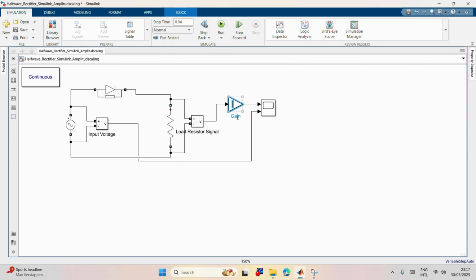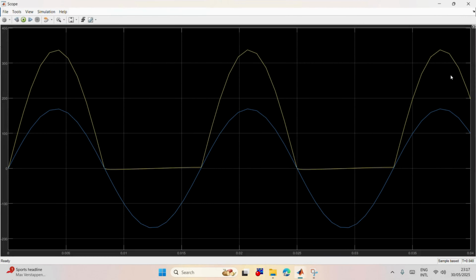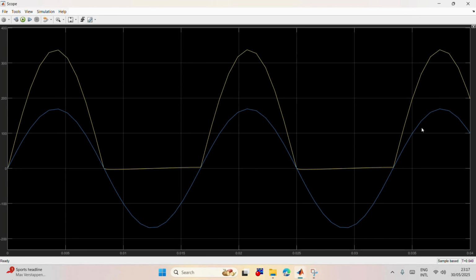So I'll be using 2. As you can see, the amplitude of the signal is twice the original.